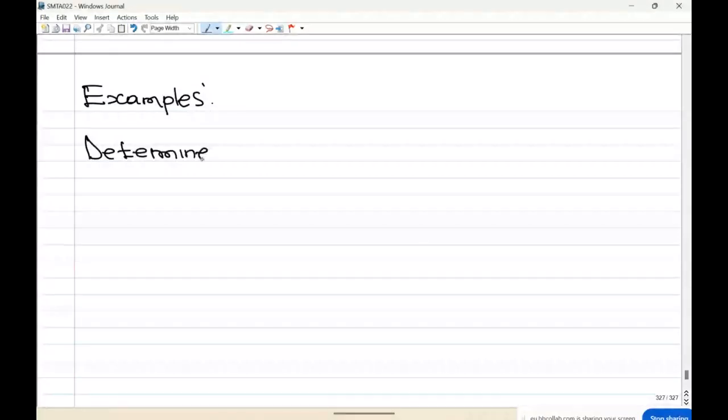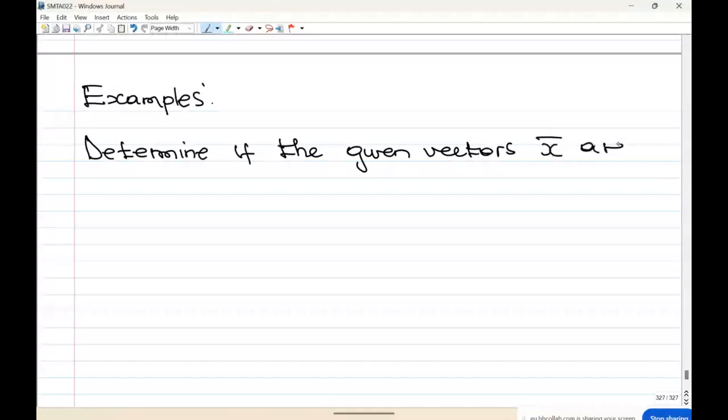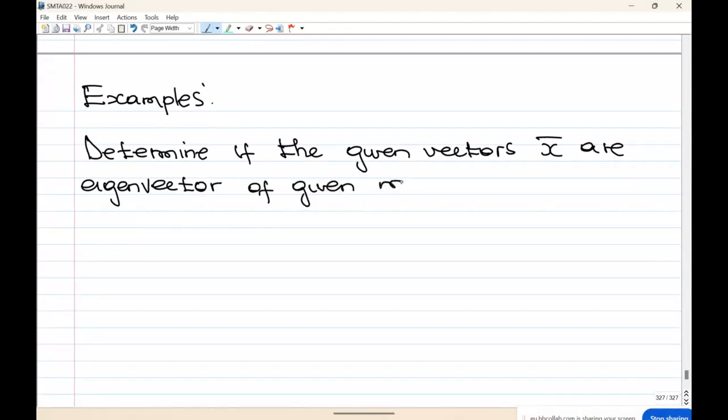Example: determine if the given vectors x bar are eigenvectors of the given matrix.